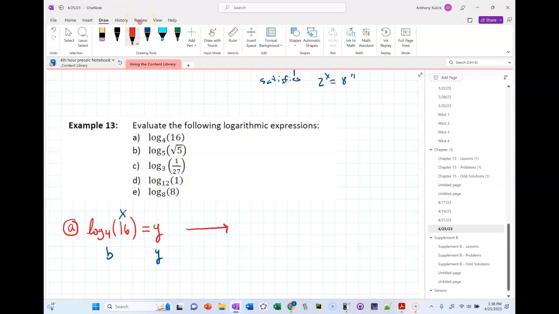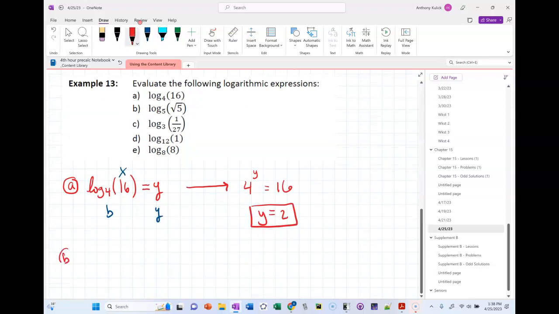I'm going to rewrite that now as an exponential equation where I have b to the y is equal to x. Now this is something that should be easy to do, right? What power of 4 is equal to 16? 2. 4 squared is 16. Everybody's okay with that?